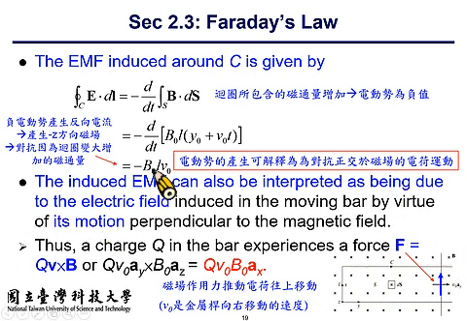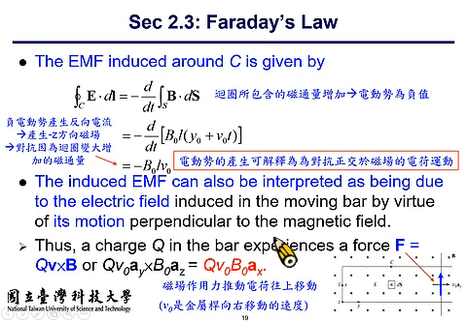this slide, it provides an alternative interpretation about this problem. The induced EMF can also be interpreted as being due to the electrical field induced in the moving bar by virtue of its motion perpendicular to the magnetic field.